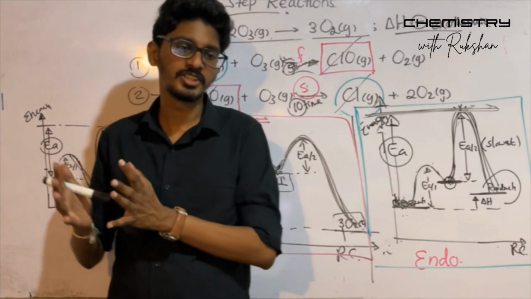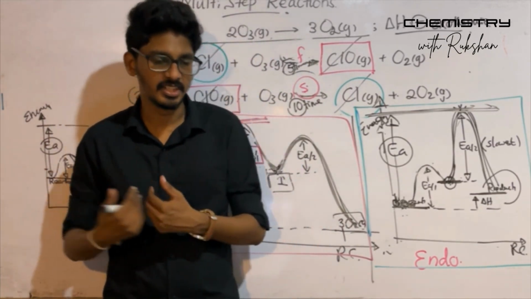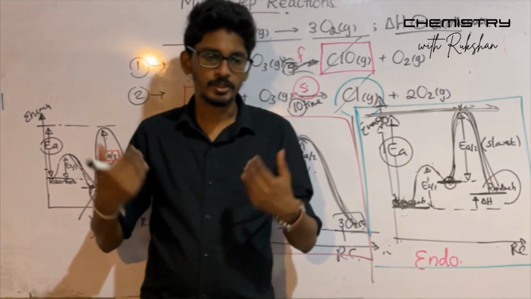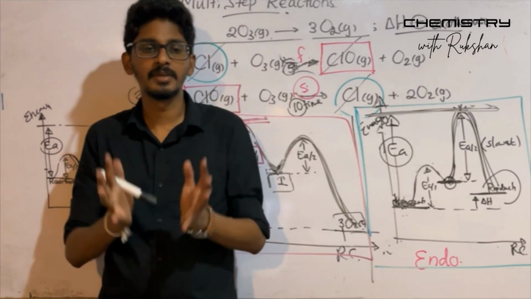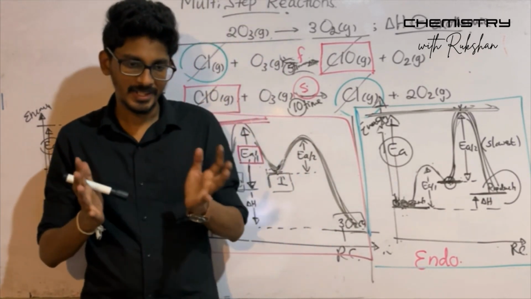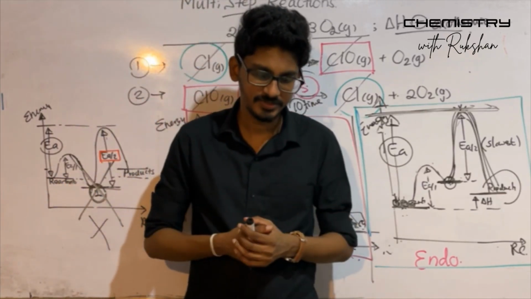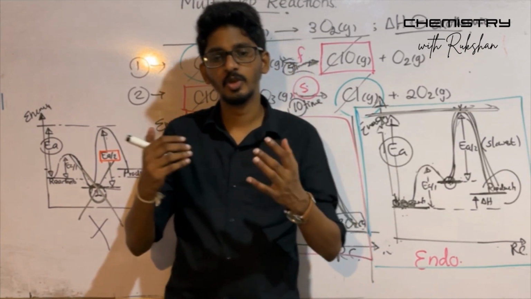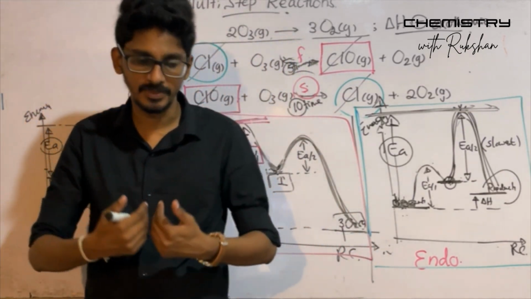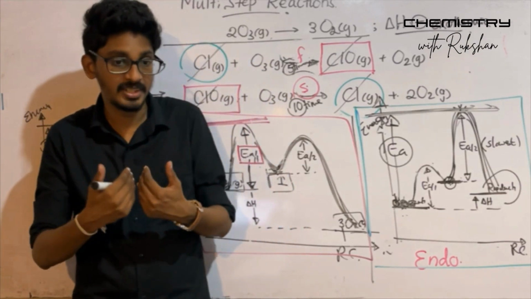In an elementary reaction, as you have only one single step, the stoichiometric value becomes the molecularity. But when it comes to multistep reactions, first you have to come up with the slow step, the rate determining step.